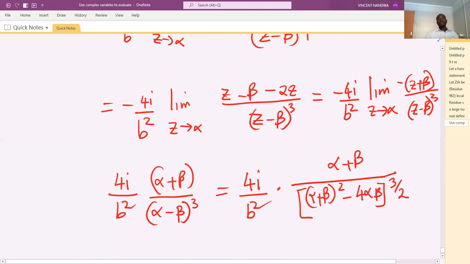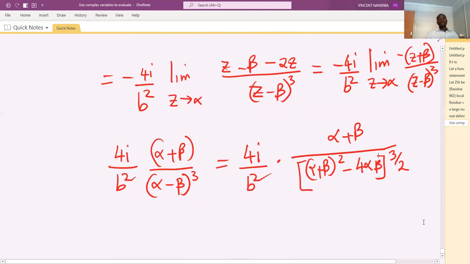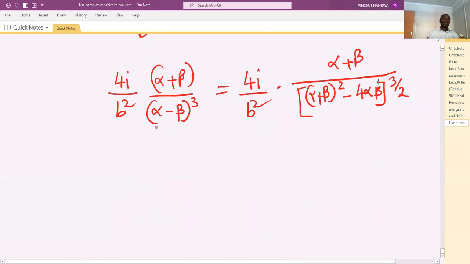Remember, we are using the relationship between the roots of a quadratic equation and the coefficients of the quadratic equation. So alpha minus beta can be written as square root of alpha plus beta squared minus 4 alpha beta. So that's why I have this.